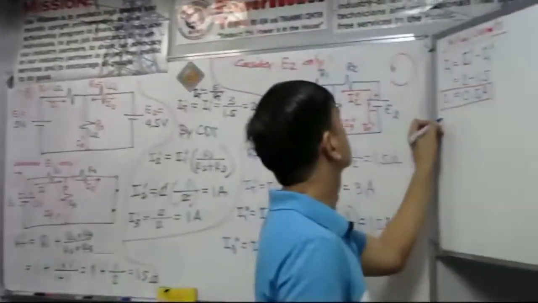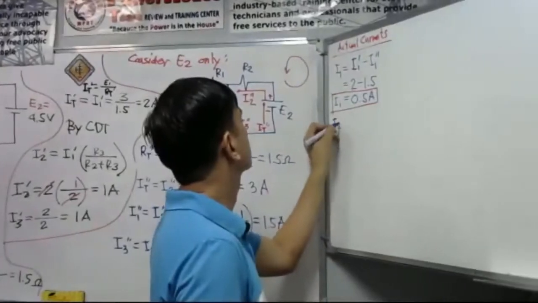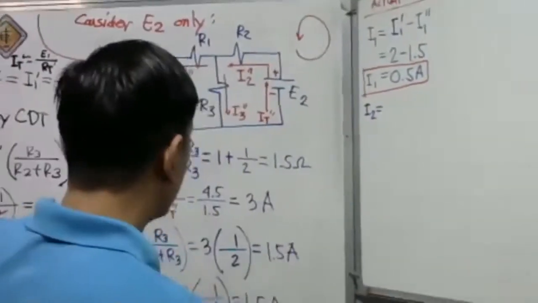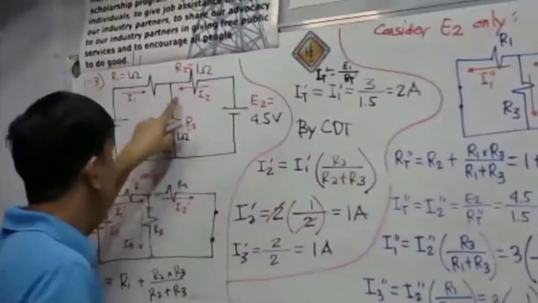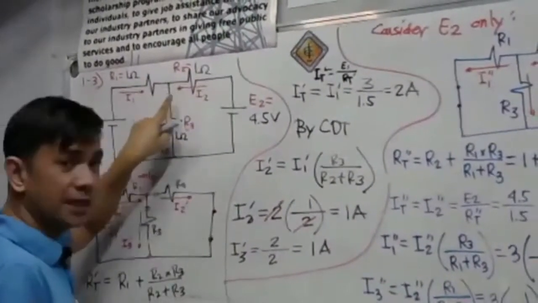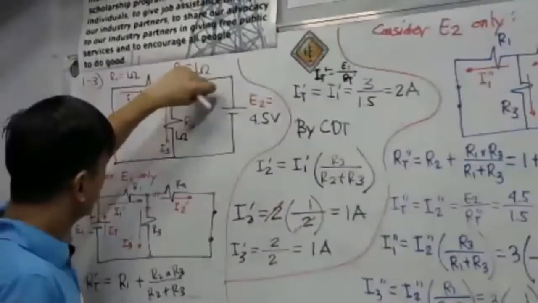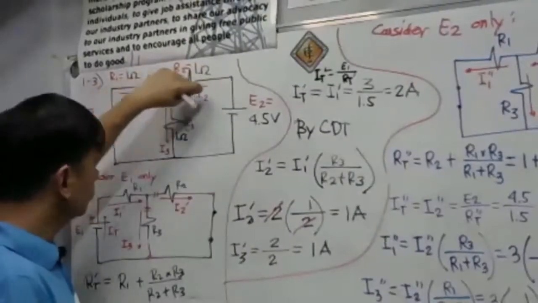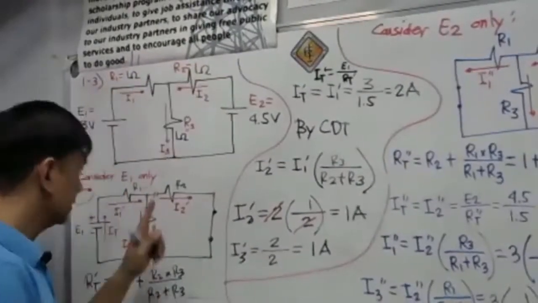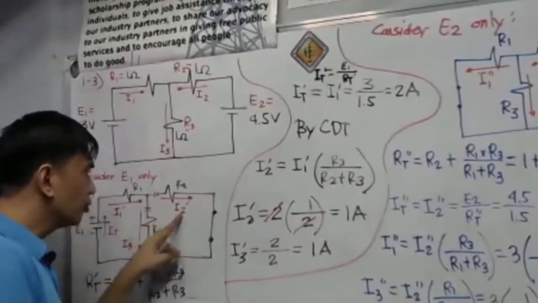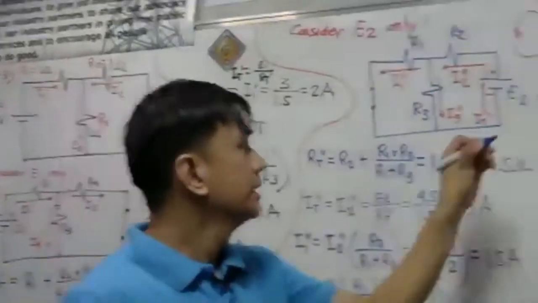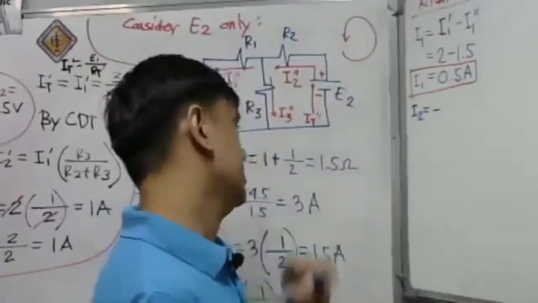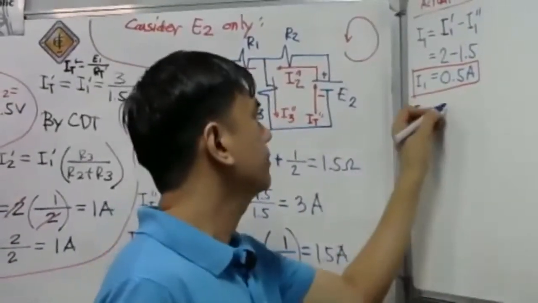Now, let's have I sub 2. I sub 2 is going to the left. But our I2 prime is going to the right, therefore it is negative I2 prime.